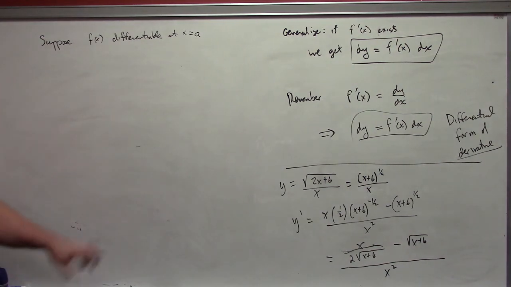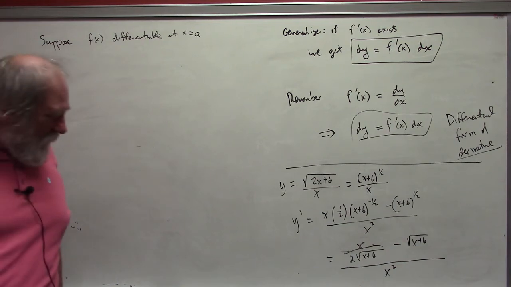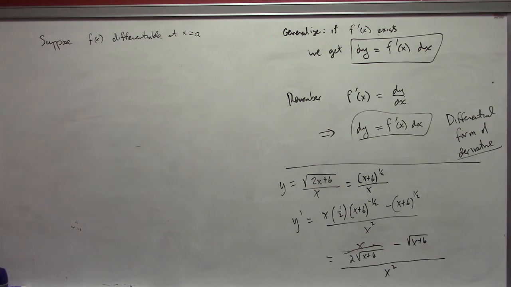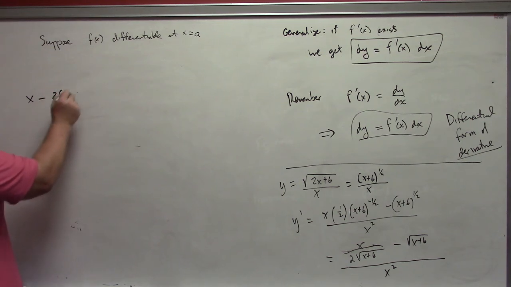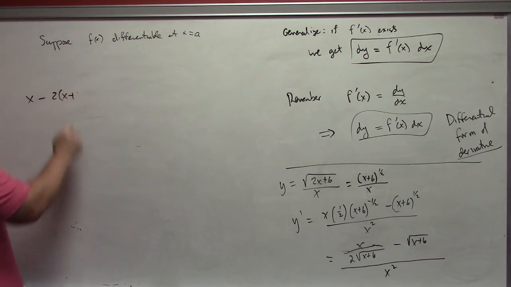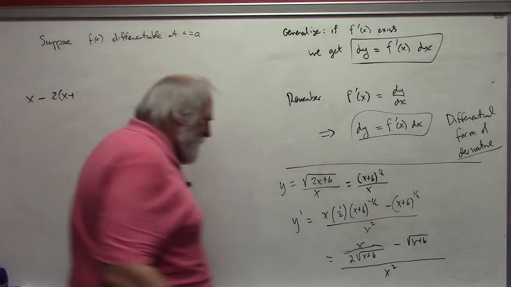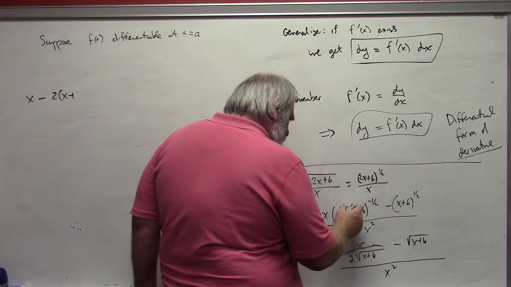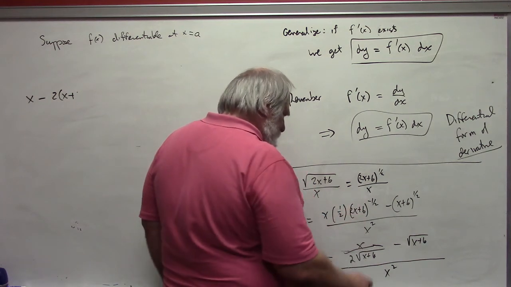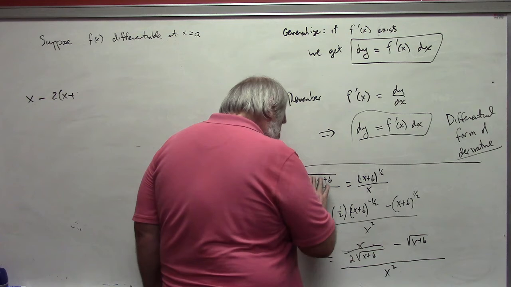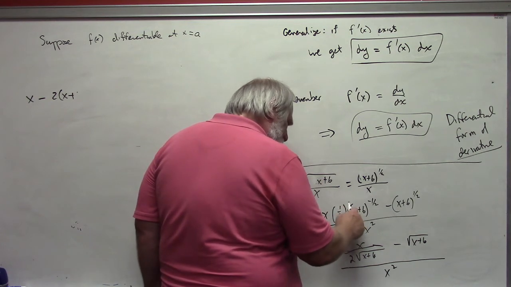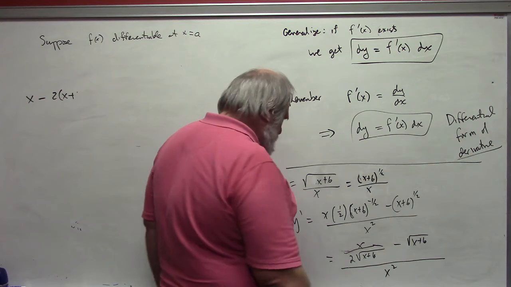But getting a common denominator, so I get a single fraction, if I multiply both numerator and denominator by 2 times that square root, I get x minus 2 times the quantity x plus 6. Wait, this should be 2x plus 6. Well, that's unfortunate. Let me just change the problem. It'll be easier than trying to fix it. There we go. That's much easier.